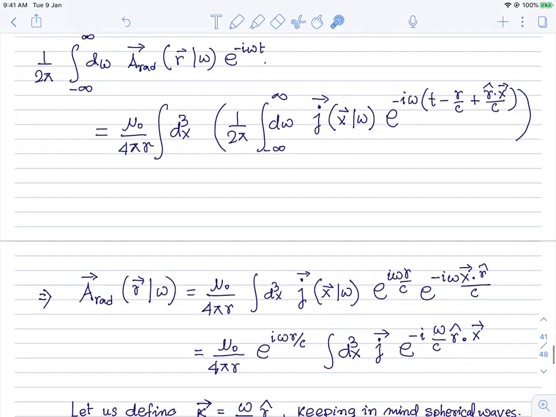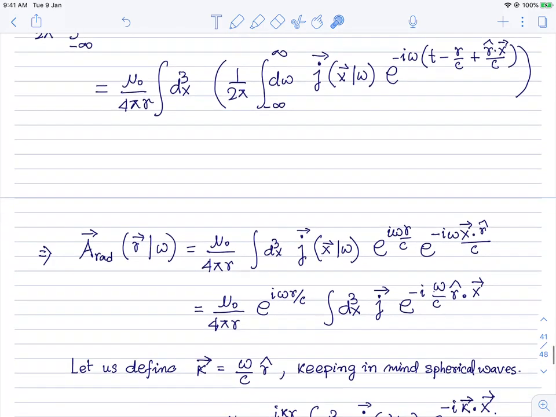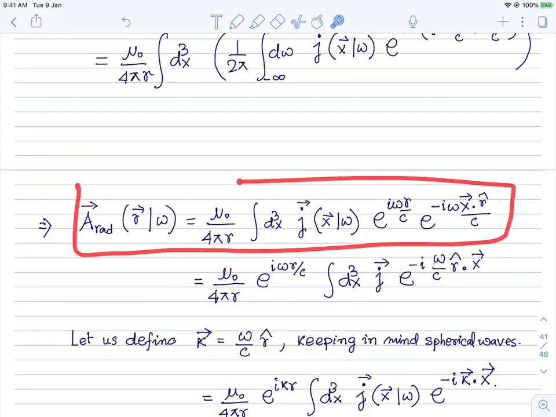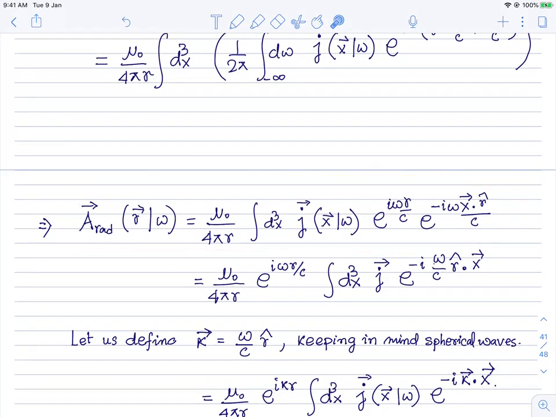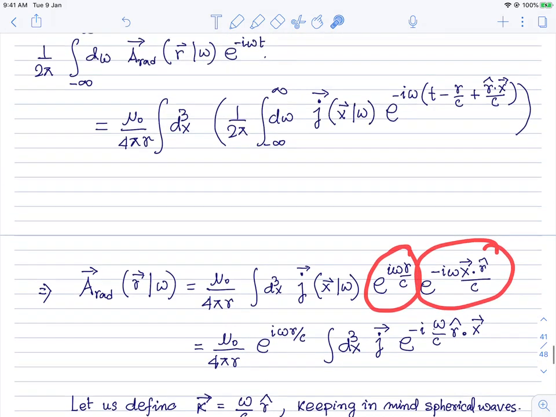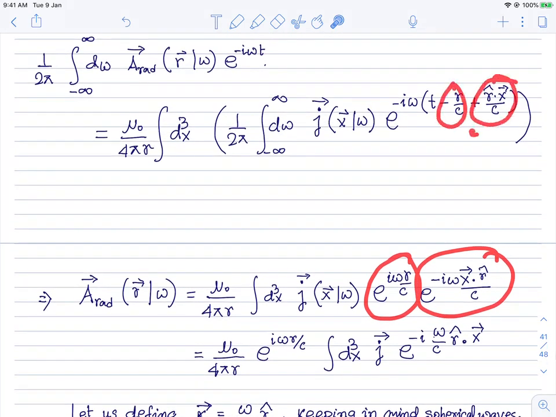So the Fourier transforms are related this way, with additional terms coming from the expansion of the retarded time.